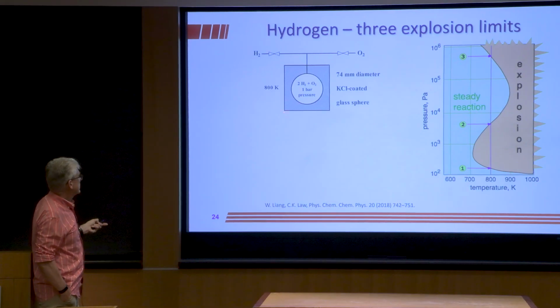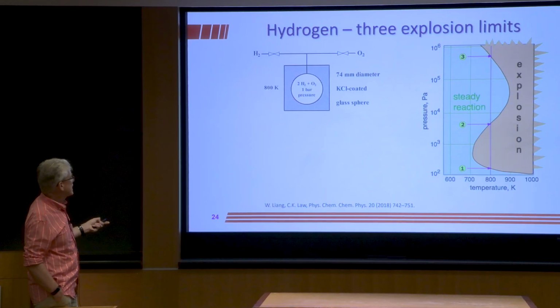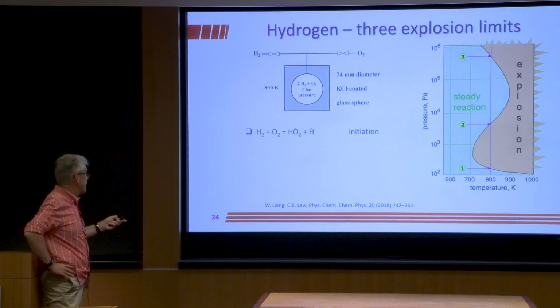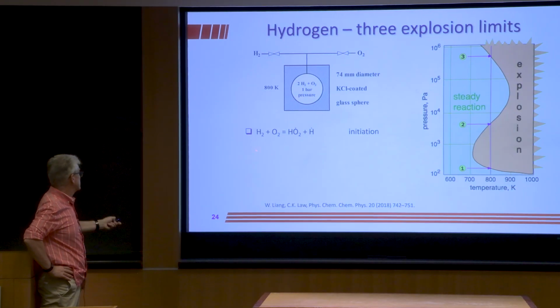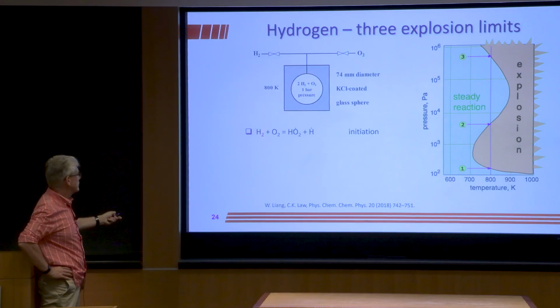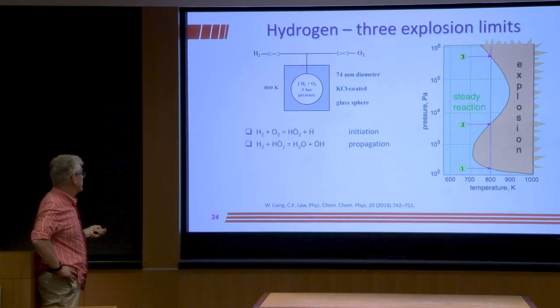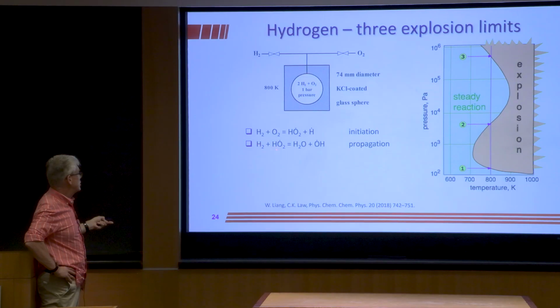The idea is this: if we look at hydrogen oxidation in a closed vessel, we can have different reactions that can occur. So we can have initiation: oxygen abstracts a hydrogen atom from hydrogen, you get HO2 plus H. Then H2 undergoes H atom abstraction by HO2 to give water and OH.